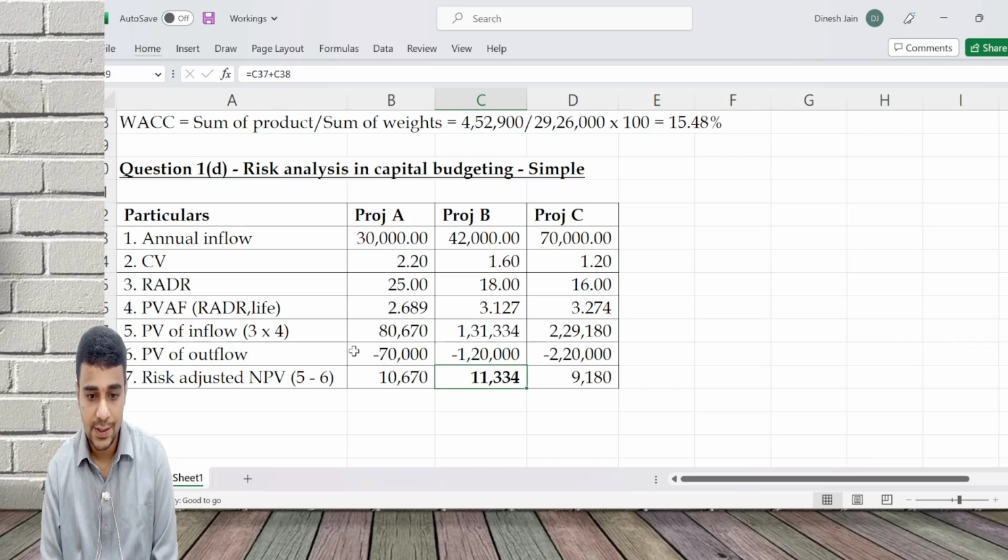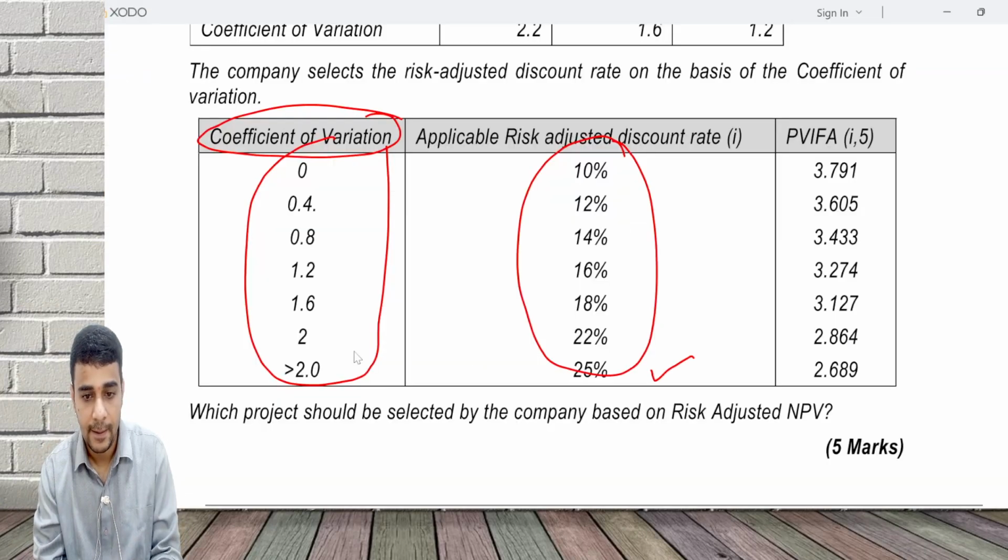I hope this is clear. Nothing much is there in this question to discuss. In fact, it is an extremely simple question, a fairly simple problem.